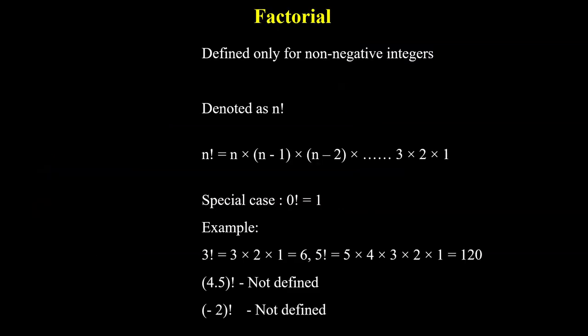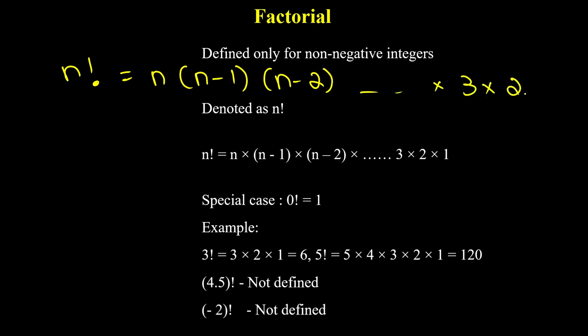So the basic thing regarding factorial that everyone should be aware of is n factorial. What is the n factorial formula? n into (n minus 1) into (n minus 2), and so on up to 3 into 2 into 1. And a very special case is that 0 factorial is equal to 1.